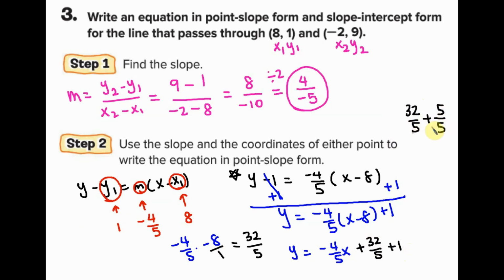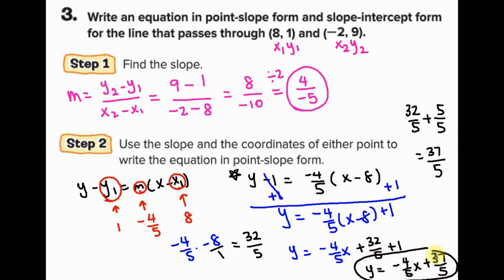I'm trying to make the same denominator so that when I add the fractions, I'm just adding the numerator. 32 plus 5 will be 37, and 5 will remain the same. You do not add 5 plus 5. And thus, my equation is equal to negative 4 over 5x plus 37 over 5, and this is the second part of your answer.